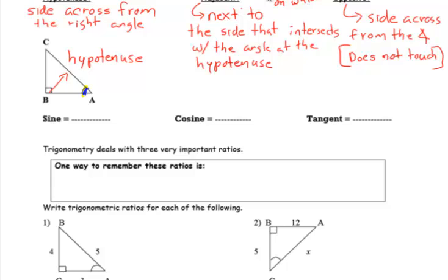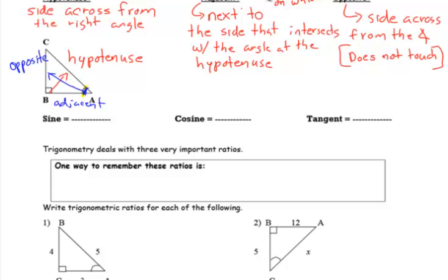It's going to touch the hypotenuse, and it's going to touch the adjacent side. And then across from the angle is the opposite side. And of course, that would switch if we were talking about angle C.